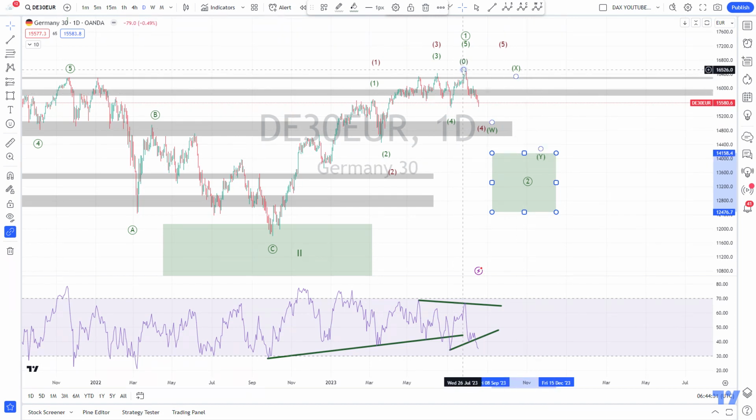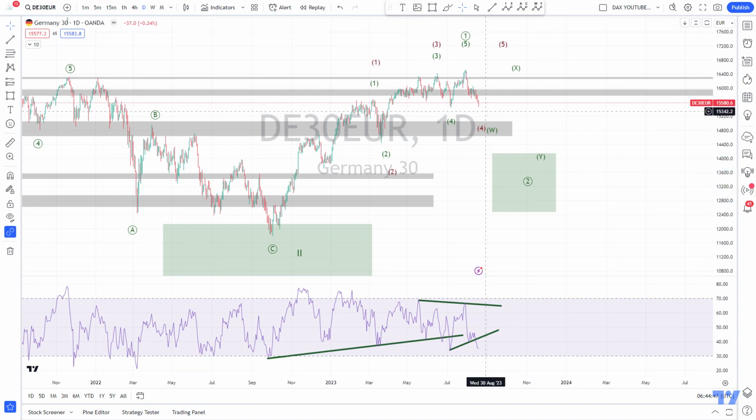But now, okay, we have a correction to the downside, but this correction on the higher time frame is too shallow to buy as an investor.